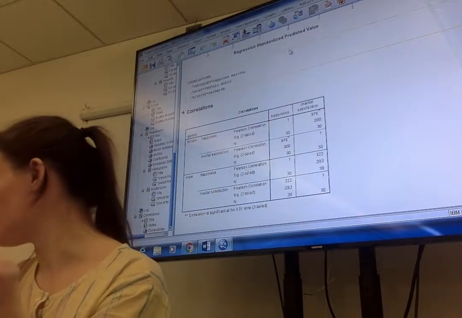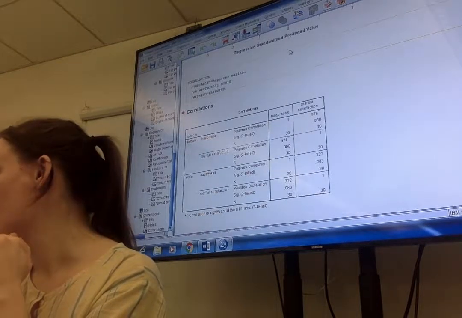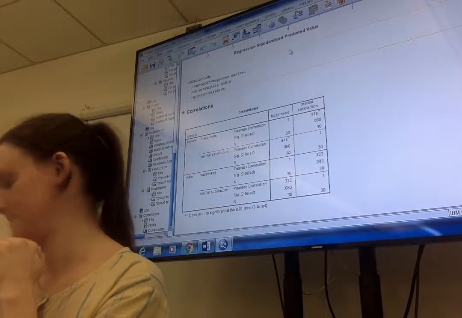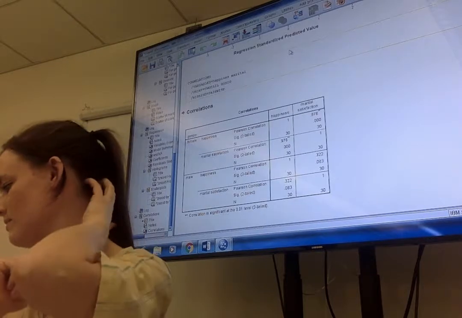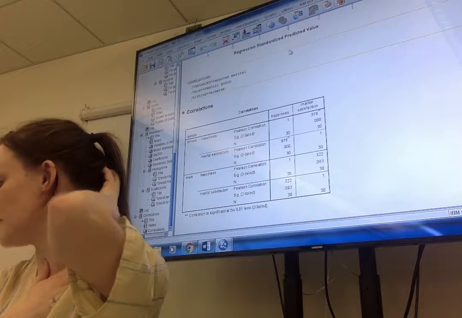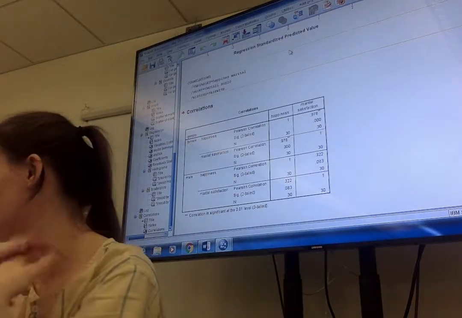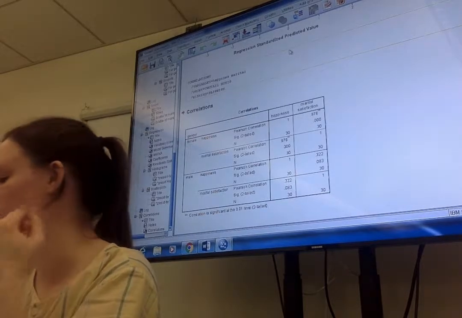Is it a big R or a little r? Little. And is it italicized or not? It is italicized. Everything that's not Greek is italicized. And then the p-value, you can put the exact value or just less than 0.01 or 0.05, whatever you're going to use.